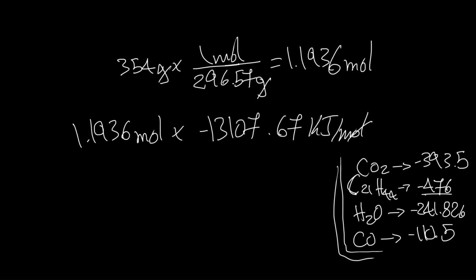So these two moles cancel, and then we're going to be left with kilojoules. So if you do this, 1.1936 multiplied by 13107.67, you'll get -15645.31. And that's the amount in kilojoules per 354 grams of the candle.